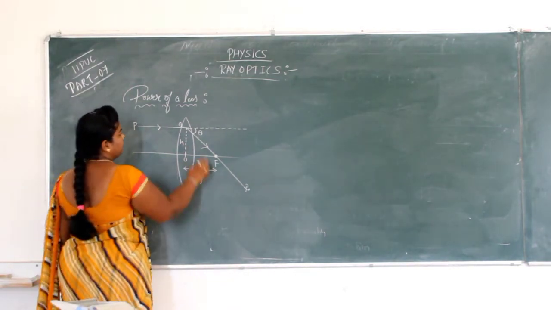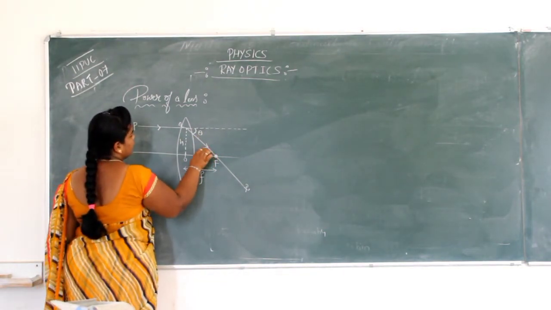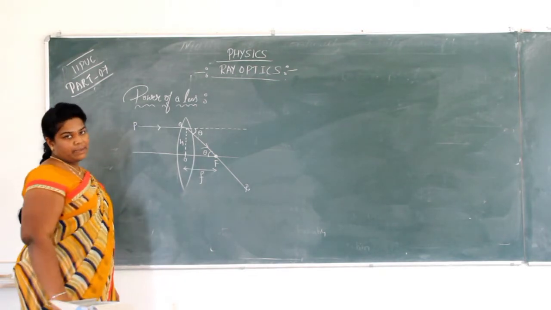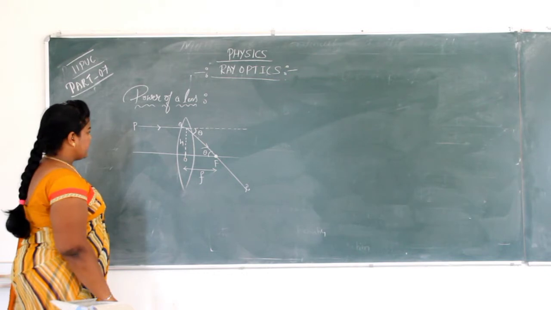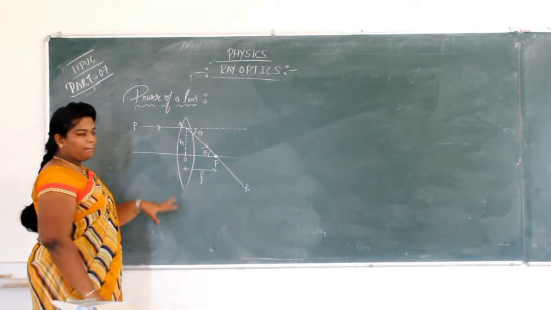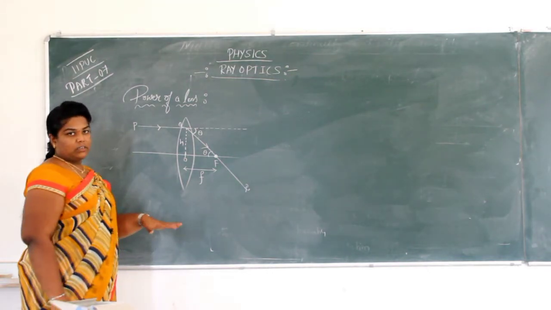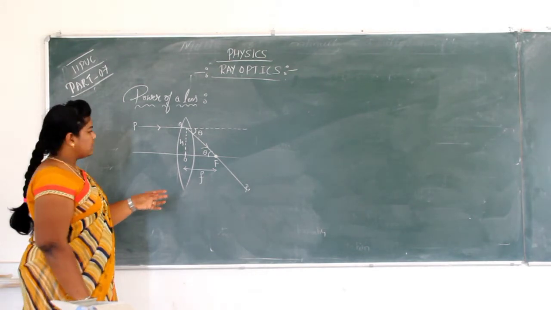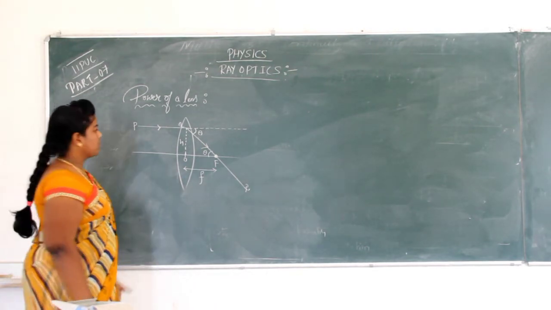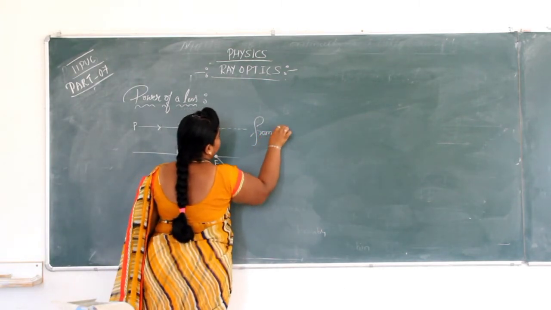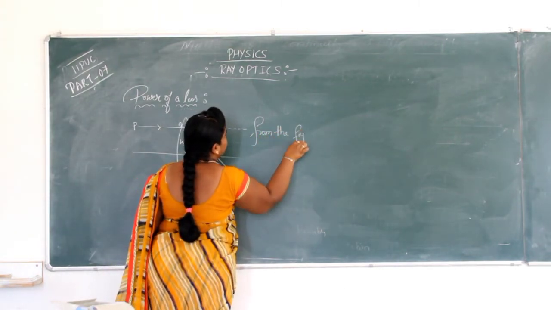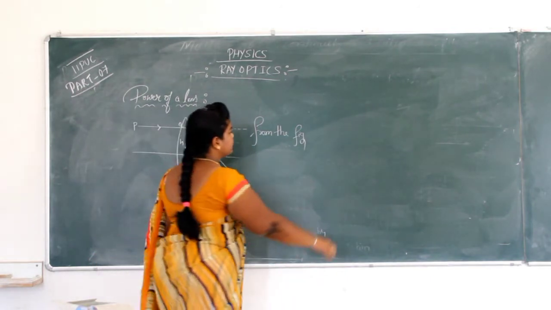So if this angle is theta, according to mathematics this angle should also be equal to theta. You can observe it very carefully. We have applied mathematics over here. So I am going to write the value of tan theta. From the figure, what is the value of tan theta here?